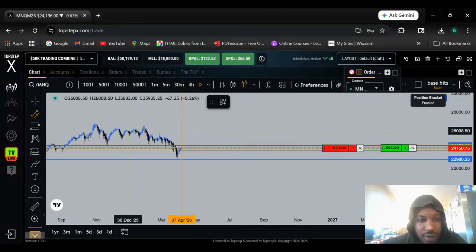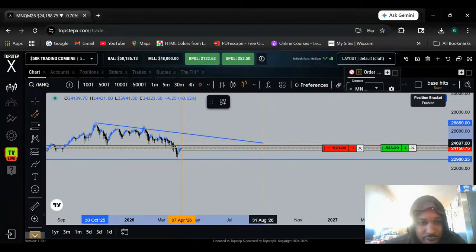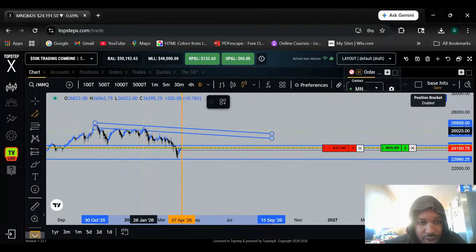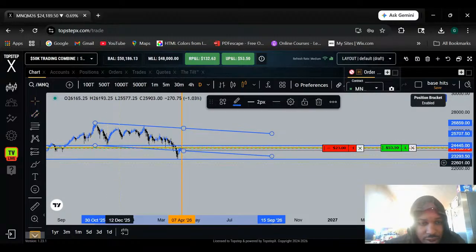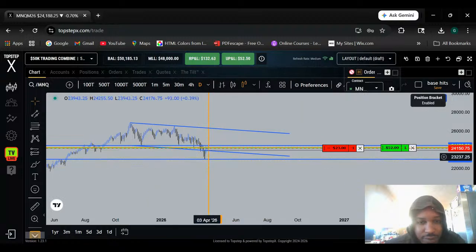If we can start the channel at the top pivot, put the resistance right there on the lower high, and anchor the support to the first lower low in that retracement.